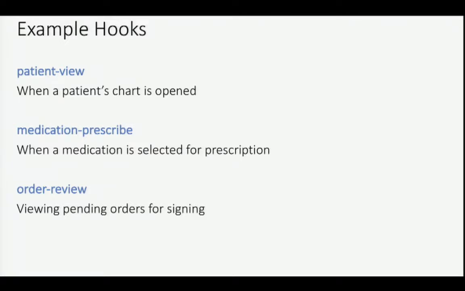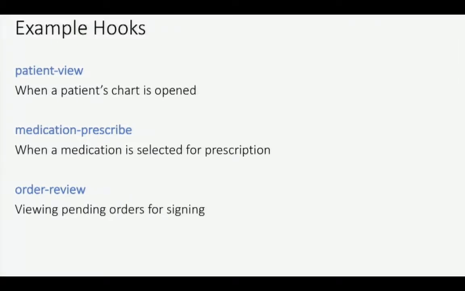Based upon their capabilities within the EHR, within their clinical system, they'll decide which hooks they support. And naturally, at some point I can imagine a registry of hooks where various vendors or various individuals are saying, I support the patient view hook, and there'll be standardization around the definition of what those hooks are. But from a specification standpoint, we don't define each of these individual hooks. Instead, we just define how you would go about defining a hook.